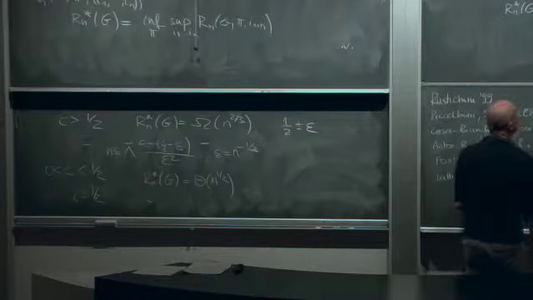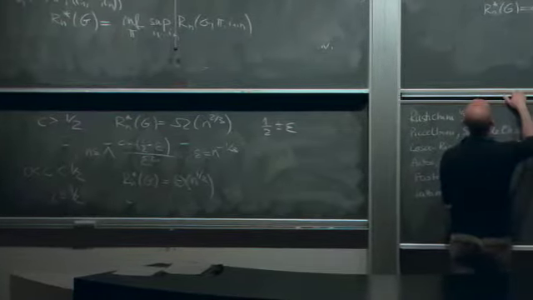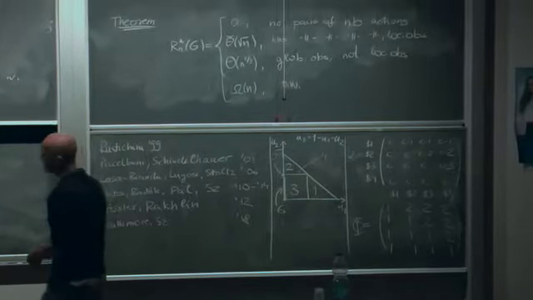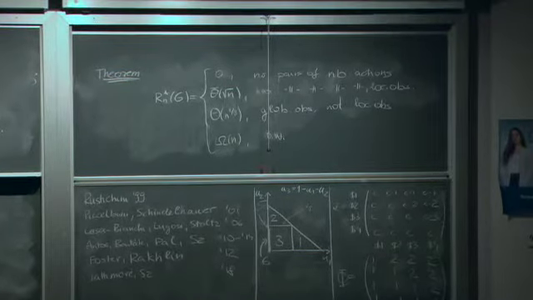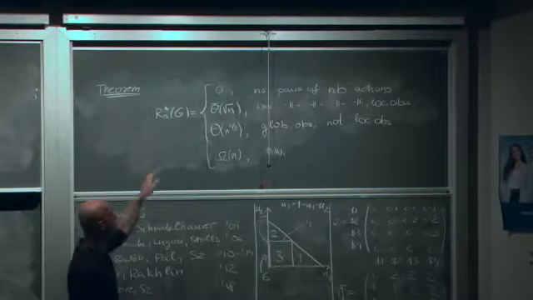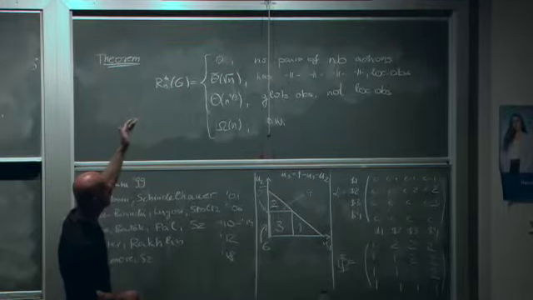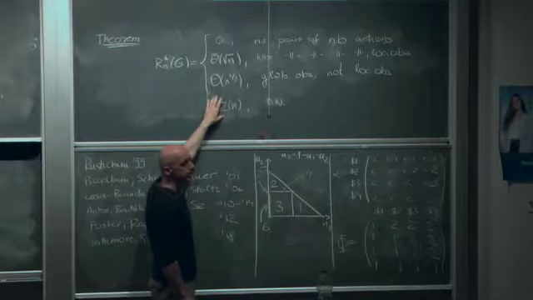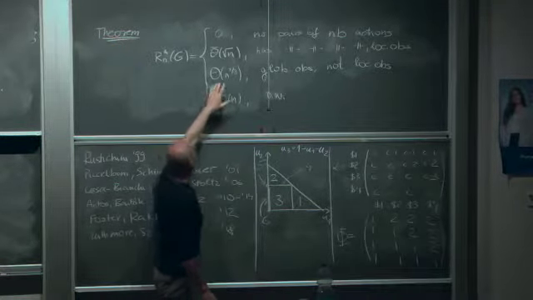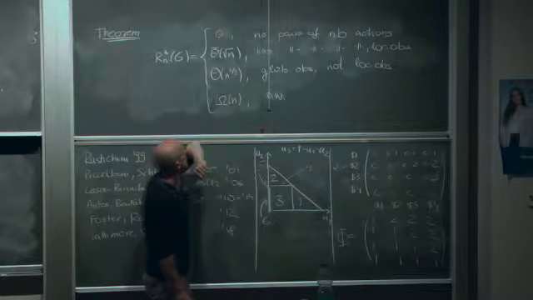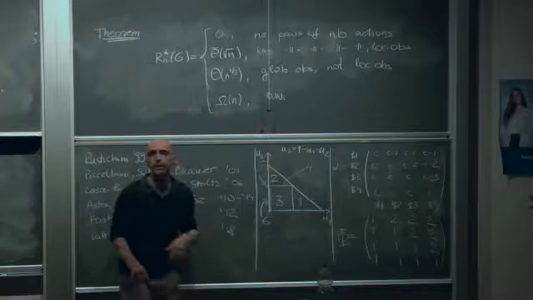And so the classification result that I'm talking about is shown here. It is this theorem that says that if you give me a finite partial monitoring game, then the game is going to be exactly of one of 4 types. It's going to be an easy game where the regret is 0. It's going to be possibly a hard game where the regret is growing linearly, or the regret is growing like square root n up to a logarithmic factor, or it's growing like n to the 2/3, and there are no other possibilities.